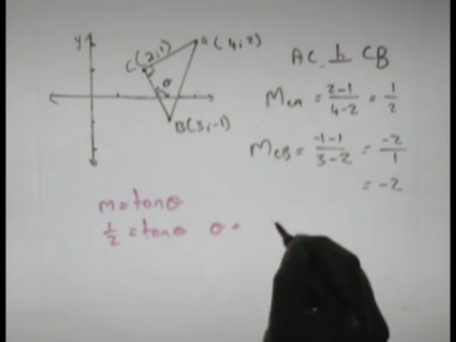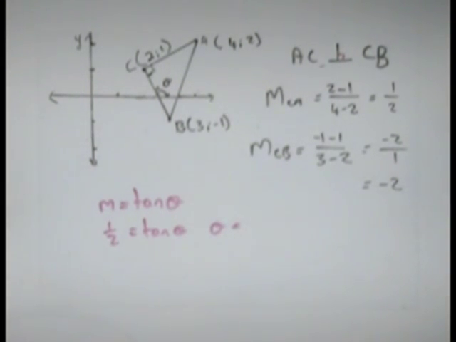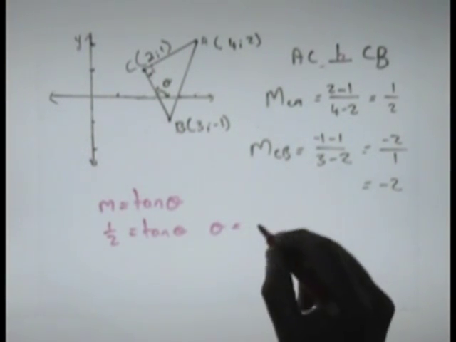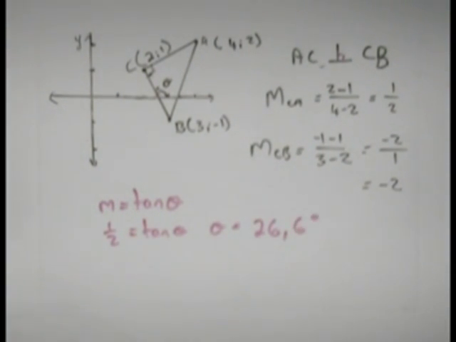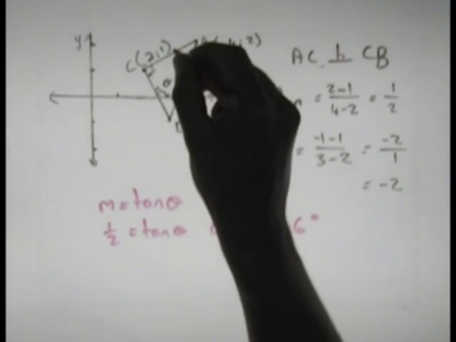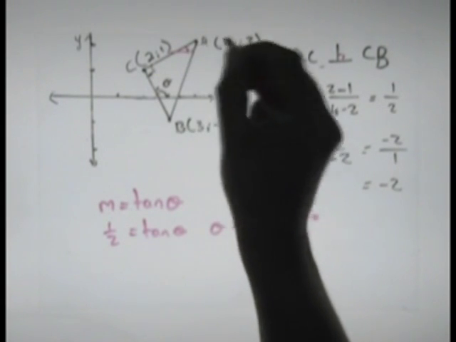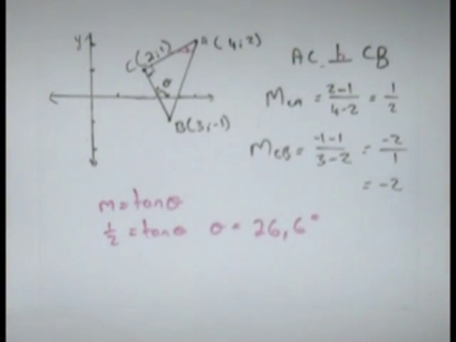That means that theta should equal second function tan of a half. Second function tan, it's just the inverse tan function of 0.5, which is going to give us an answer of 26.6 degrees. That is the angle of inclination of CA.